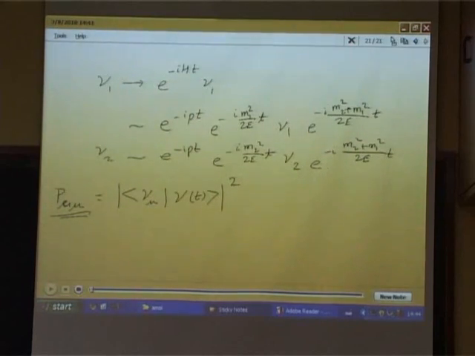This is just a constant times t. But the phase that I give to mu1 and mu2 is the same. Then again it won't matter, because finally when I take the inner product and mod square, such a constant and equal phase that I give to mu1 and mu2 will always cancel.